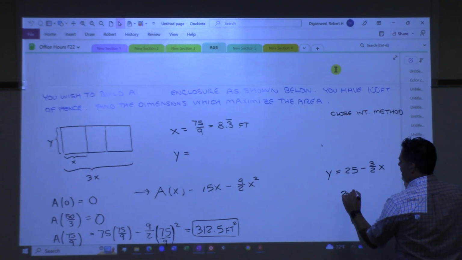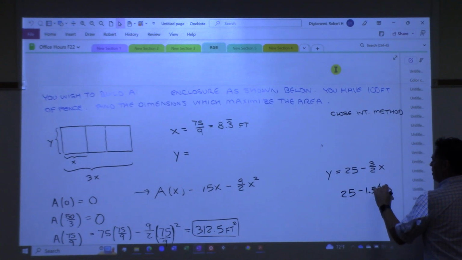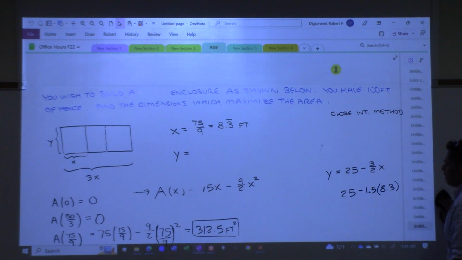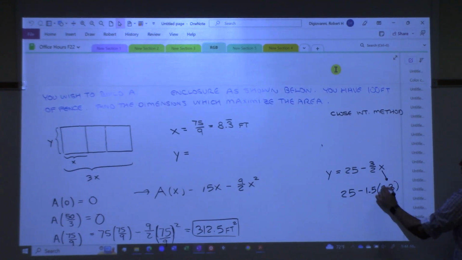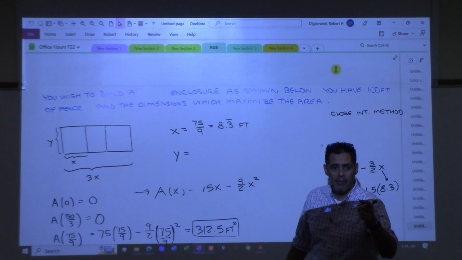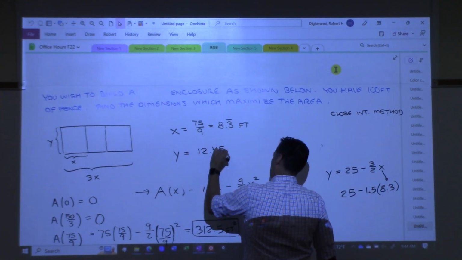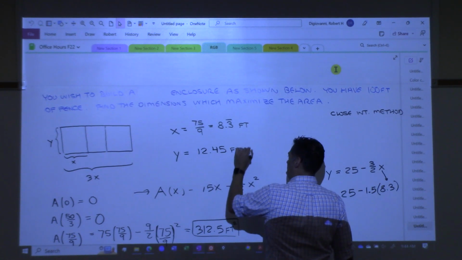So 25 minus, do this on the calculator, 3 over 2 is 1.5. Multiply that times 8.3. And that'll give us an approximate answer, just replacing the x with 8.3. Anybody have it? What is it? 12.45? Yep, 12.45. Close enough. There you go.